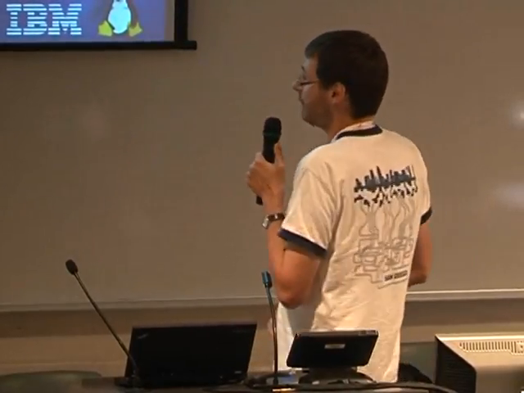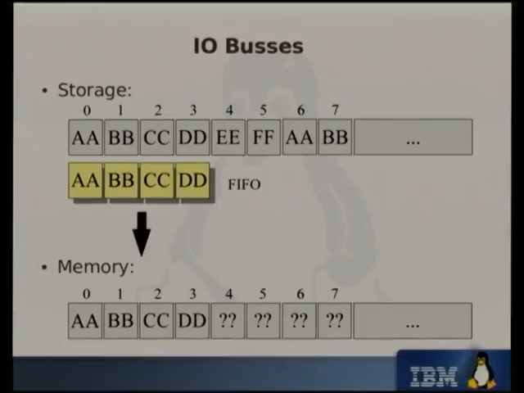So what about the FIFO? Well, the FIFO is actually just a window to a bag, or rather a series of bytes, which is a piece of memory in a way. So if you look at it that way, at the top you have your storage device, which contains this byte stream. At the bottom, this is what you want in your memory. That's what's going to land in your memory when you read from the FIFO.